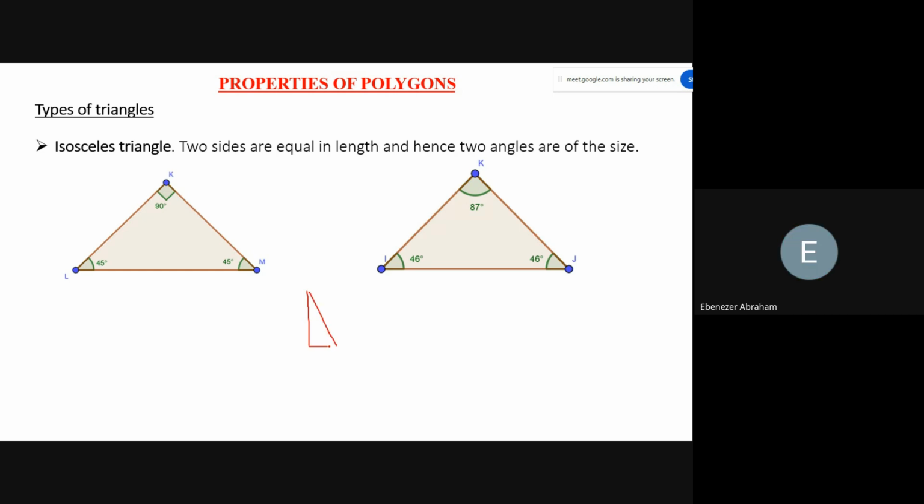The right angle triangle can be scalene. It can be an isosceles. And then the word acute triangle, I have seen it somewhere. I don't know where to situate that type of triangle, because almost all triangles have an acute angle somewhere.